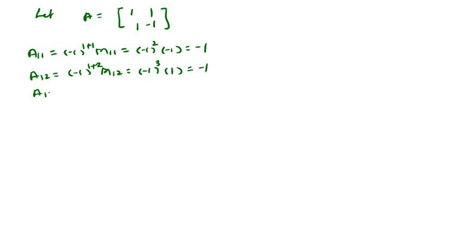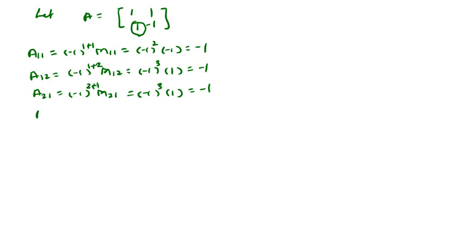Again we can find this, A13. There is no A13. Next is A21, which will be (-1) raised to 2 plus 1 into M21. This will be (-1) raised to 3 into M21, the minor of this element, which is again 1. So finally this will be -1.